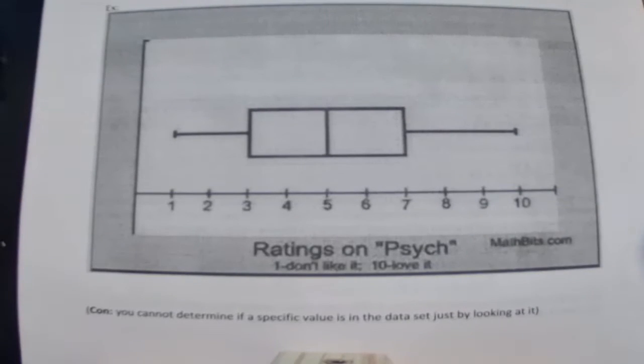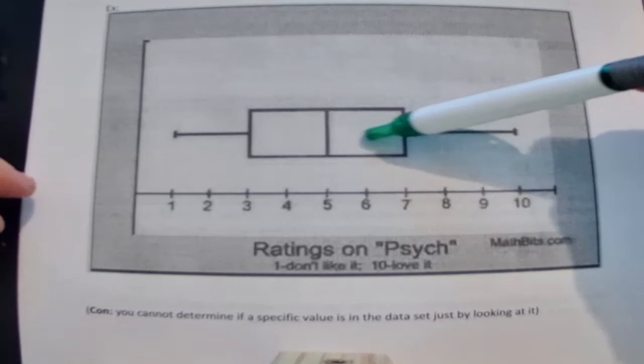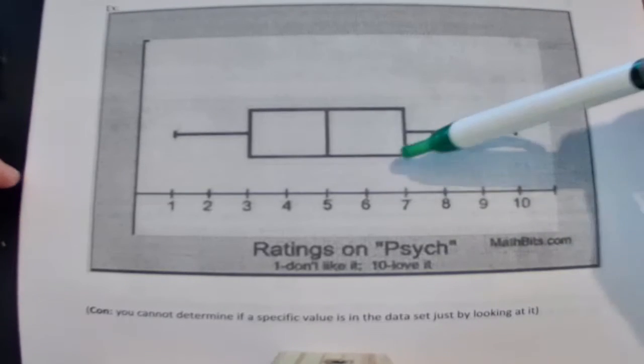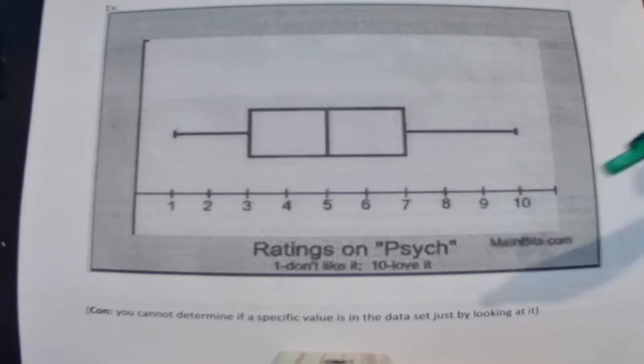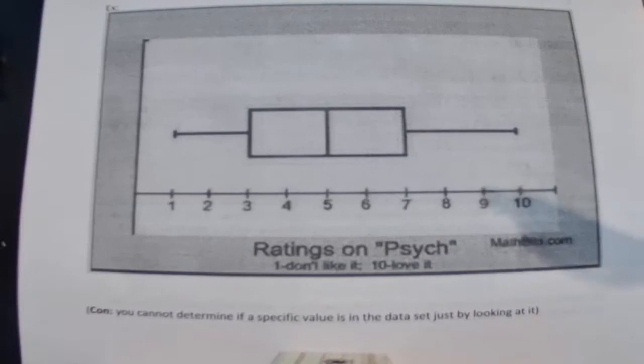Now the con whenever we use a box and whisker plot is you cannot determine if a specific value is in the data set just by looking at it. So I don't know if 6 ever truly showed up. And technically 7 might not have shown up because we're dealing with medians. So we cannot look at specific numbers when we're using a box and whisker plot.